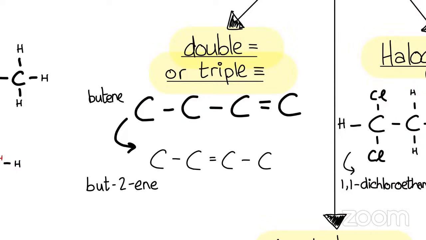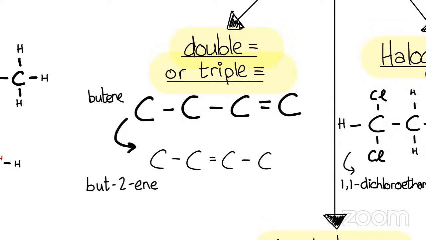It's not drawn in with all the hydrogens. Please never do that in your exam. Always you want to draw your hydrogens in. So we discussed butene, where the double bond is on the 1st carbon. So it's technically but-1-ene, but we don't have to mention the 1 when it's on the 1st position. And then in the 2nd organic compound, we changed the position of that double bond and moved it to the 2nd carbon.